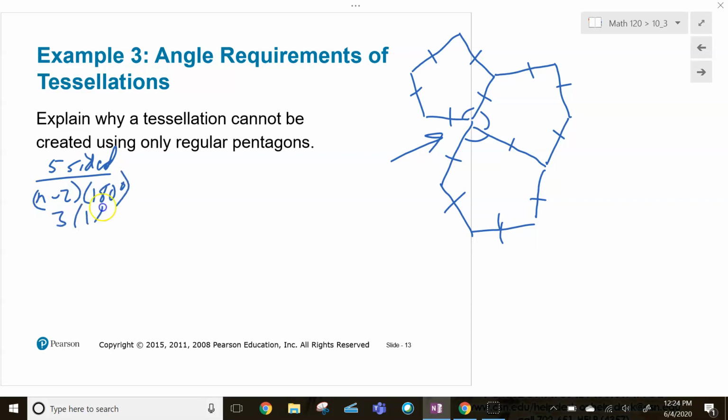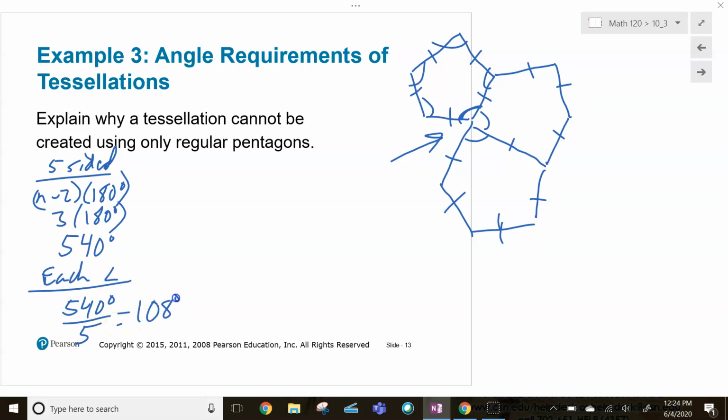So 3 times 180 degrees, so 540 degrees would be the sum of all 5. So each angle would be 540 divided by 5. In other words, each angle is 108 degrees. So this is 108. That's 108.